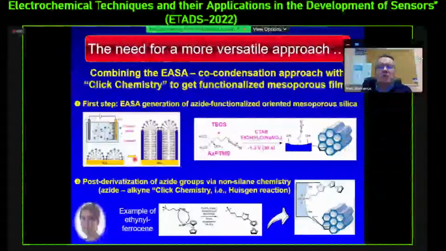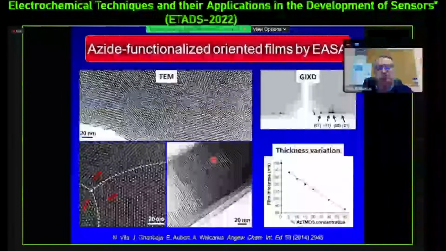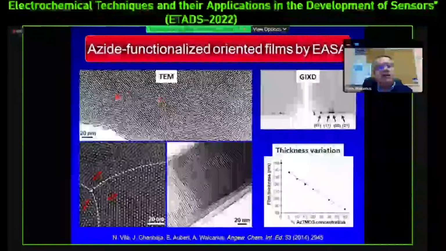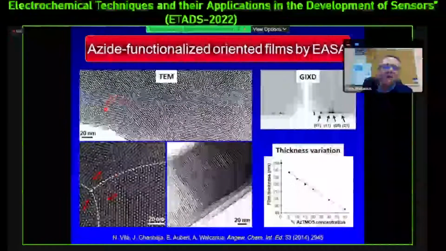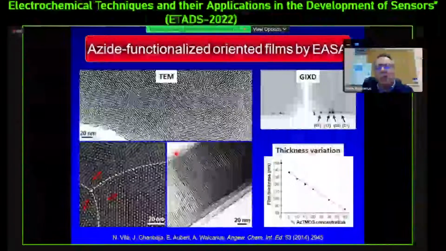So we have first to check if this co-condensation of tetraethoxysilane and azidopropyl trimethoxysilane is likely to give ordered mesostructure. And the answer is yes. We can observe the well-organized film in a hexagonal geometry. All the pores are oriented normal to the support.